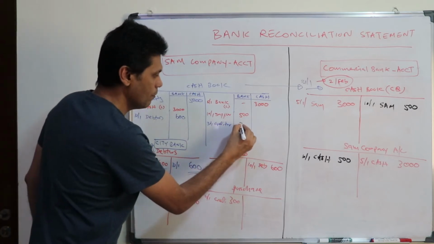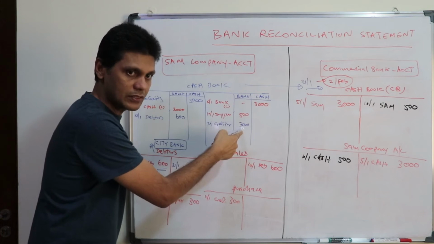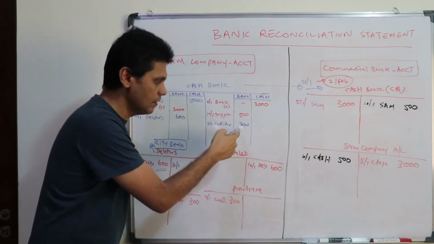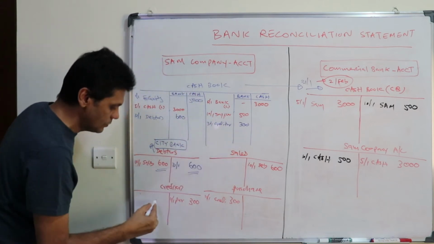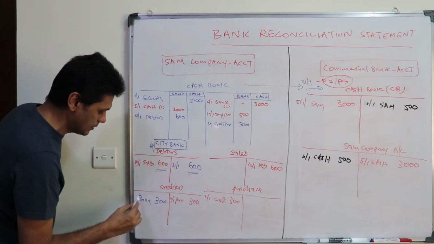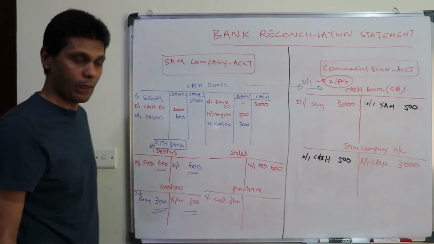The moment he issues the check, his balance reduces. It's a book entry. He has to record the entry here, and debit the bank creditor's account on 31st January. Thereby the balance will be 0.